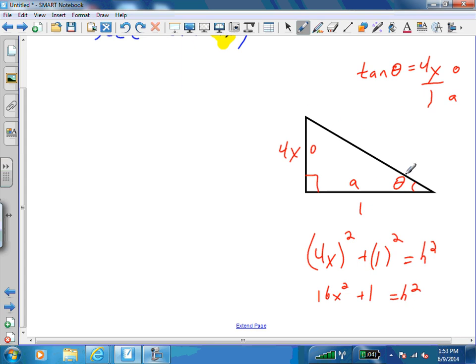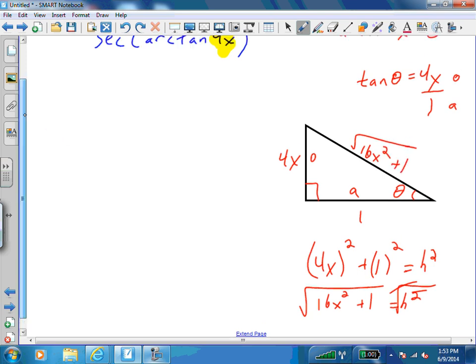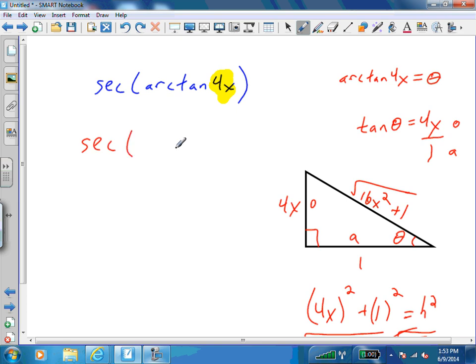So what would our hypotenuse be? How do we get rid of the square? Square root. Now keep in mind, we're wanting secant of that angle. So this inside piece just sets up a relationship. This just gives us a relationship of the three sides of a triangle. We want secant of that same triangle.